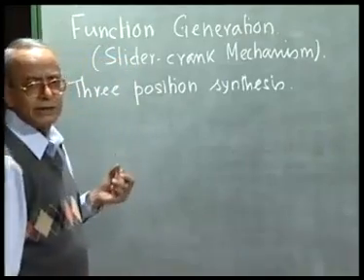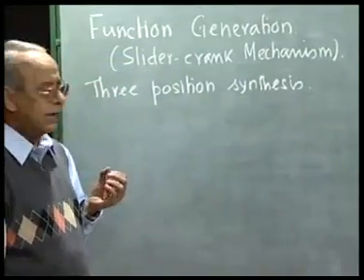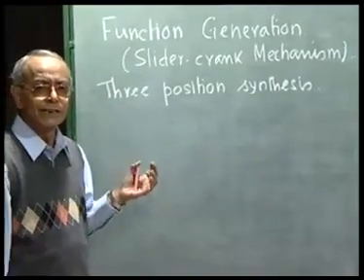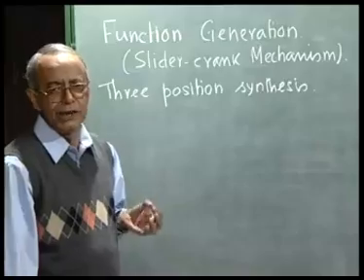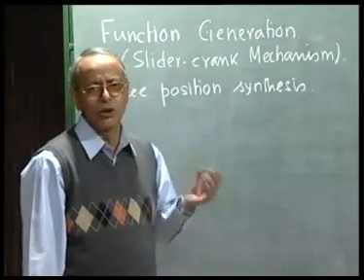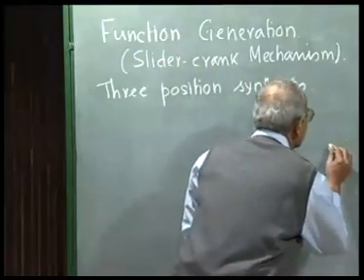The reason for this, as usual, is that we can get away with linear equations. If we go for 4 position or 5 position synthesis, then we have to handle nonlinear algebraic equations, which is a little cumbersome and beyond the scope of this course. So let me start with a slider crank.